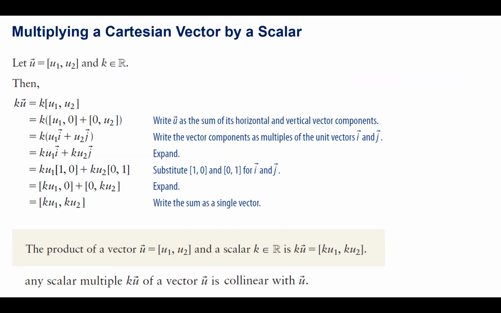Then k times vector u is k times u1, u2, right? So we can write vector u as a sum of its horizontal and vertical vector components. Then this gives us the expression here.